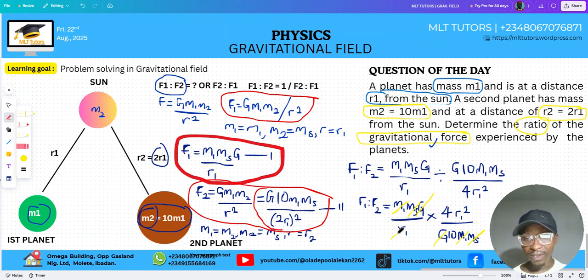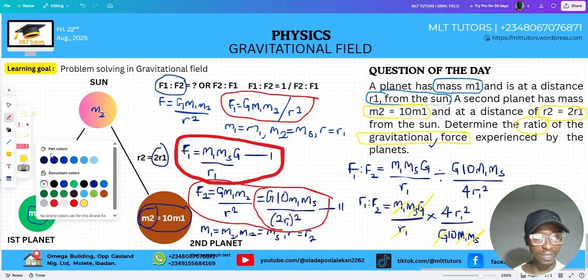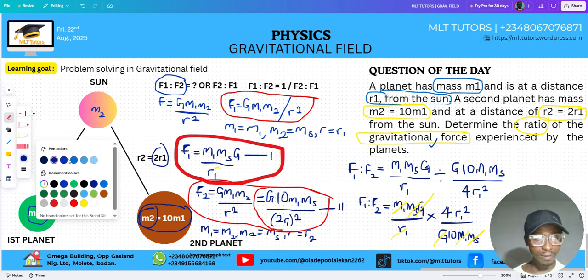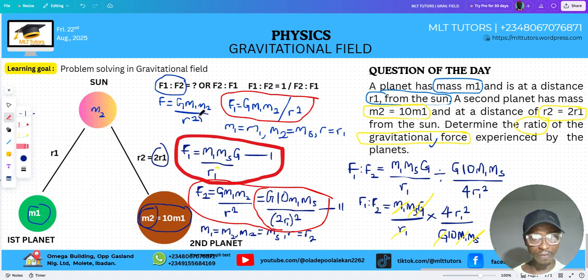then r1, okay. This is supposed to be squared. There's a square on that r1 that I've omitted mistakenly, because it's supposed to be squared here. Okay, let me quickly put that. As you can see in the formula here, there is a square on the distance radius, but I forgot to put it here.